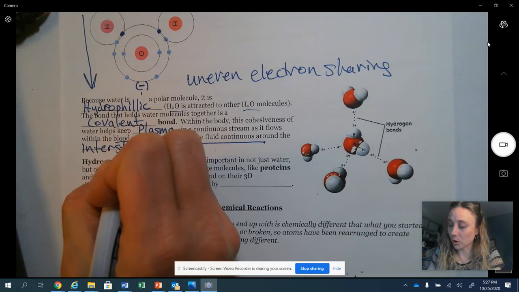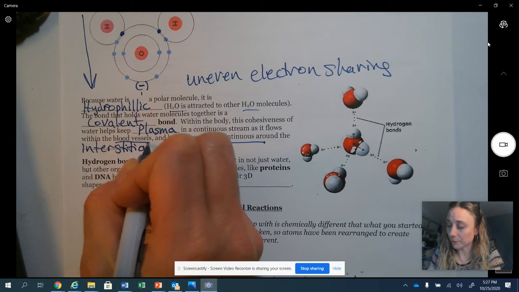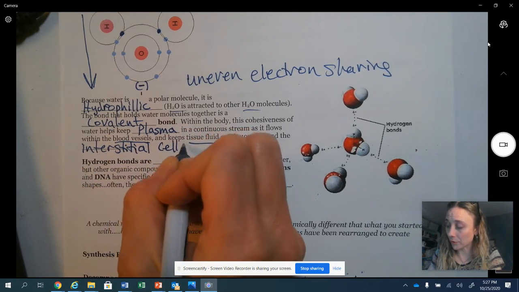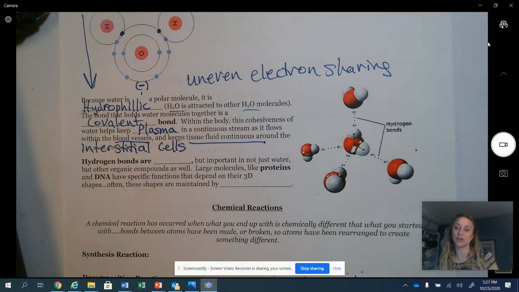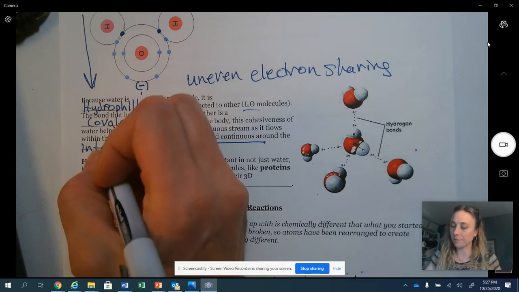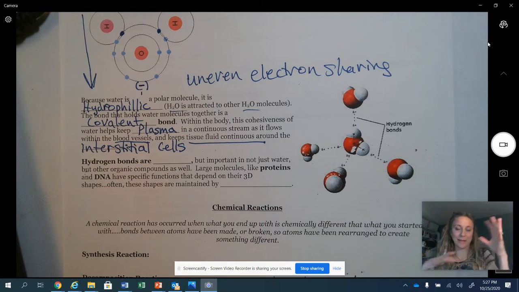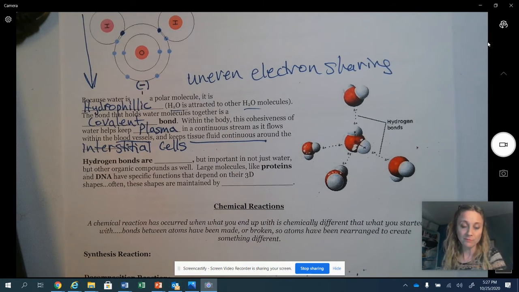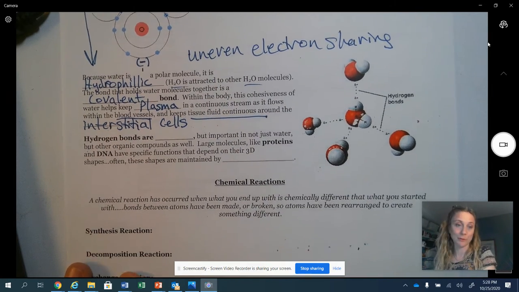So we can constantly bathe the cells in water so that nutrients and oxygen and waste can get transported to and from cells. So we need the water to be able to like each other as it's spreading out, though, and at least not repel each other and run away.